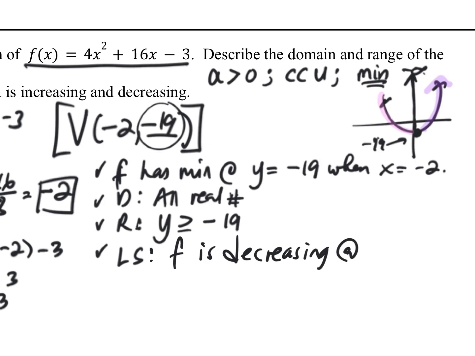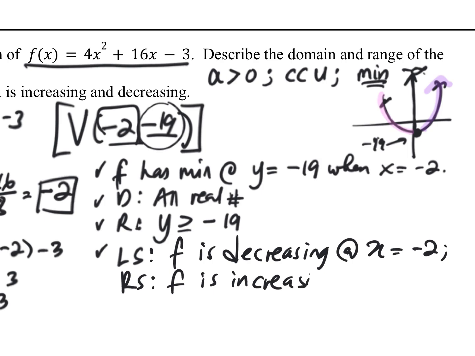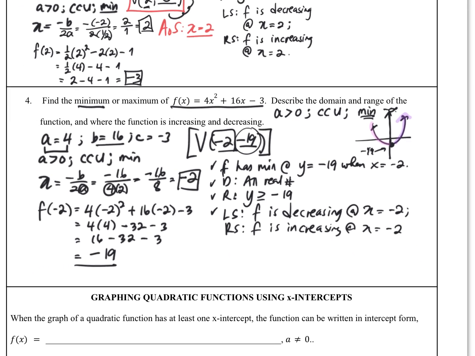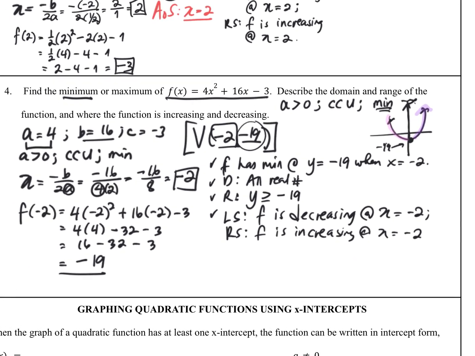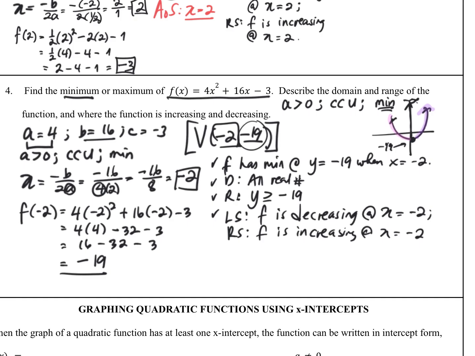Decreasing up to x is equal to negative 2, while on the right side, f is increasing from x is equal to negative 2 onward. So this is how we answer these kinds of questions.